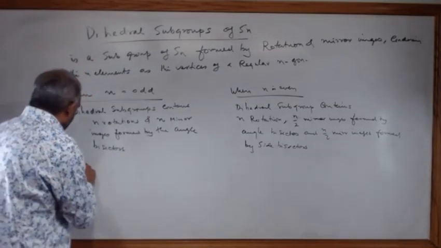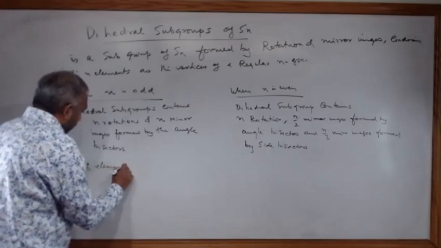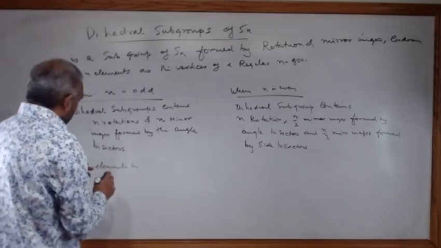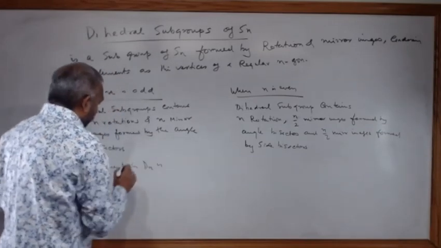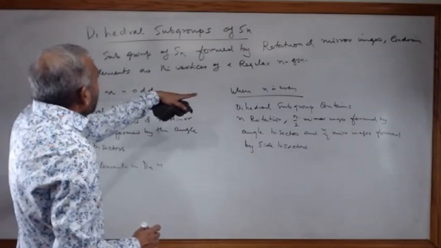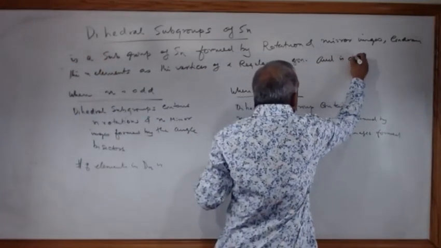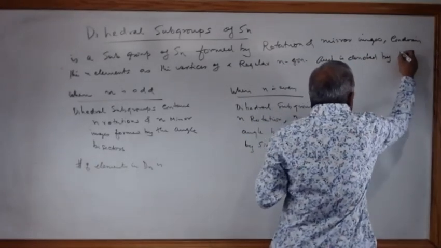So the number of elements in Dn is denoted by Dn.